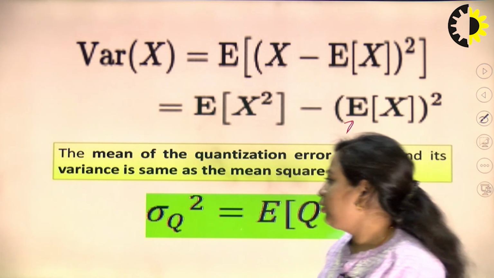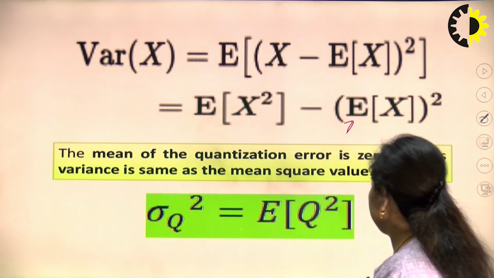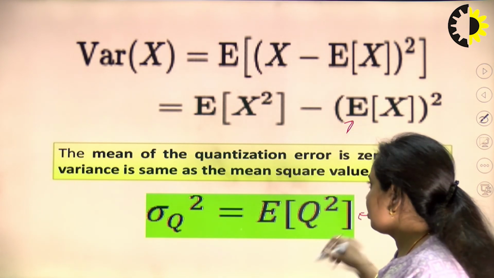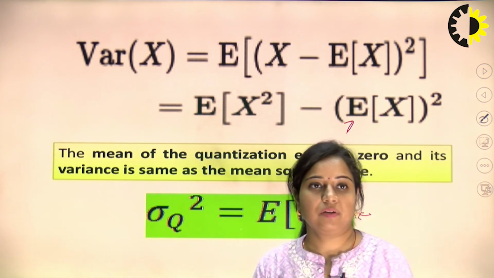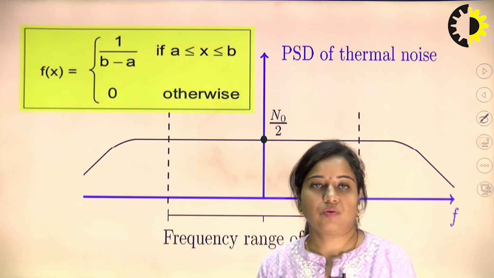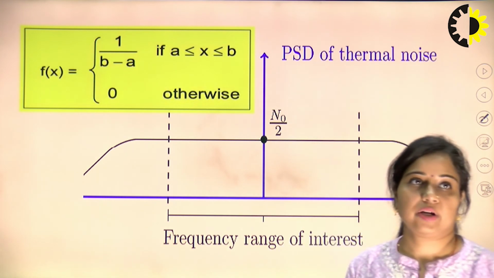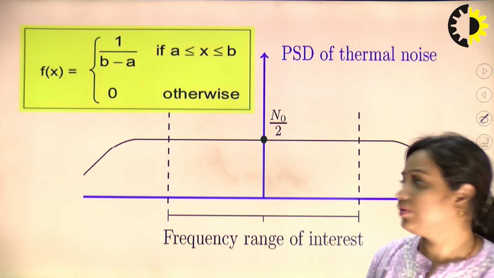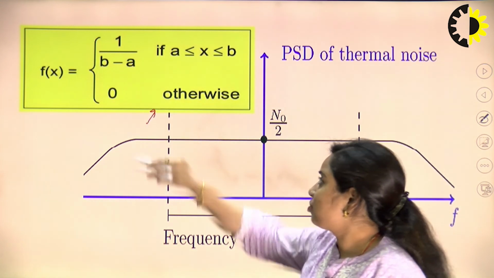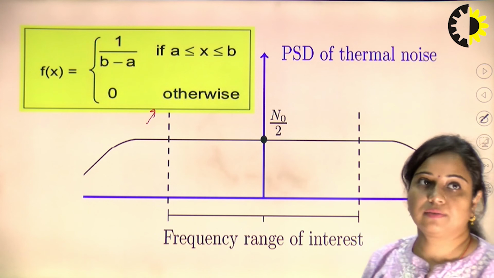So, the mean of the quantization error is 0 and the variance is the same as the mean square value. It can also be represented as f of x equals 1 upon b minus a, where x varies from a to b, and 0 otherwise.